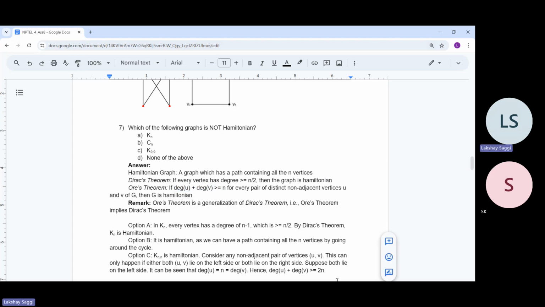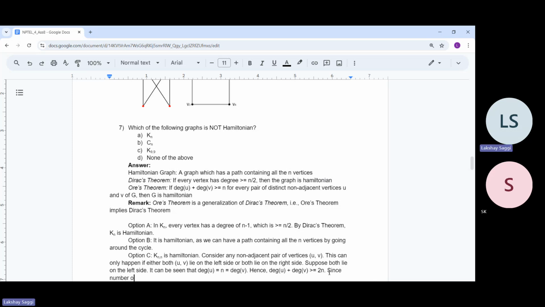So this n should not be confused with that n, because here the number of vertices in the graph is actually 2n, not just n. Although the final answer does not change, I want you to keep this in mind because it can be a source of silly mistakes in some other question. So degree of u plus degree of v is not greater than or equal to 2 times the number of vertices. It is just greater than or equal to the number of vertices in the graph; it's just that the number of vertices here is 2n. So just don't confuse this n with this 2n. That's what I'm pointing out.